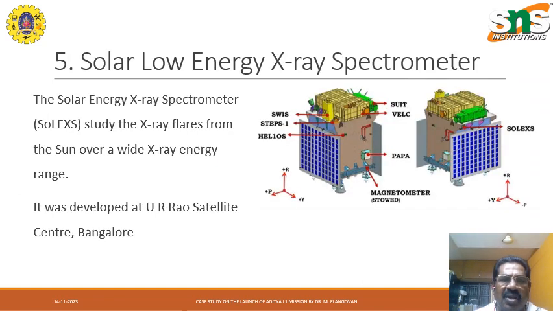The Solar Low Energy X-ray Spectrometer studies the X-ray flares from the sun over a wide X-ray energy range. It was developed at the U R Rao Satellite Centre, Bangalore. We see it here for SOLEXS.